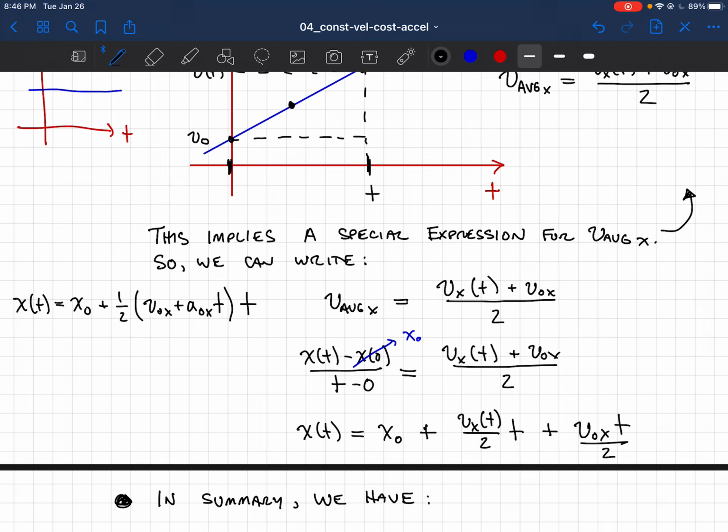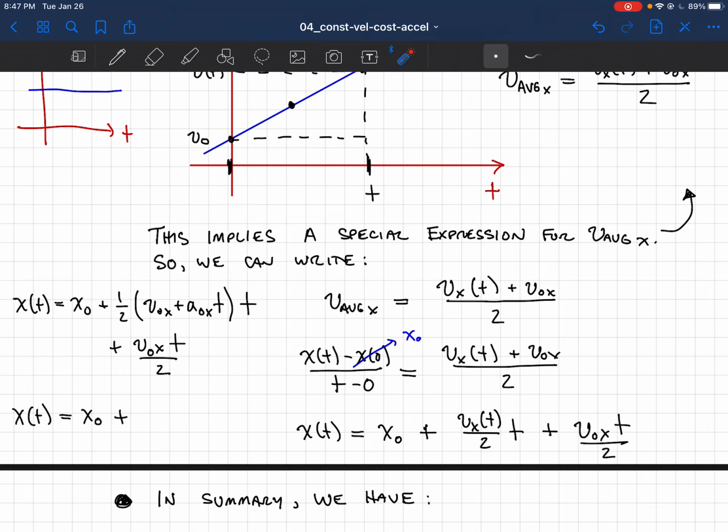And I think I screwed it up, didn't I? Let me see. Well, let's just go through the whole thing. And then we have plus, oh no, I didn't screw it up. v0x t over 2, that's our last term. So that becomes x of t is equal to x0 plus, and what do we have?